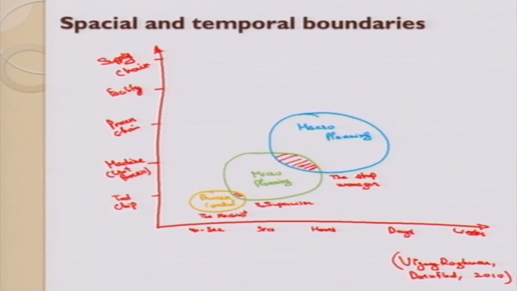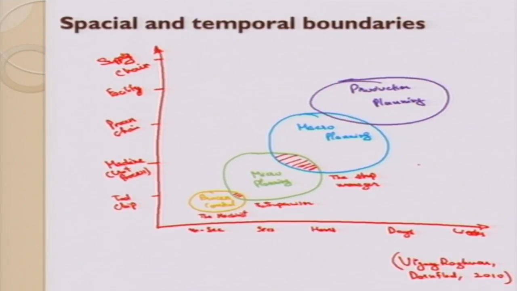So what leads to macro planning? The next level here is the facility level, where production planning happens. Overall production planning happens for a few days. You see we have days here. What would be the number of units to be produced?